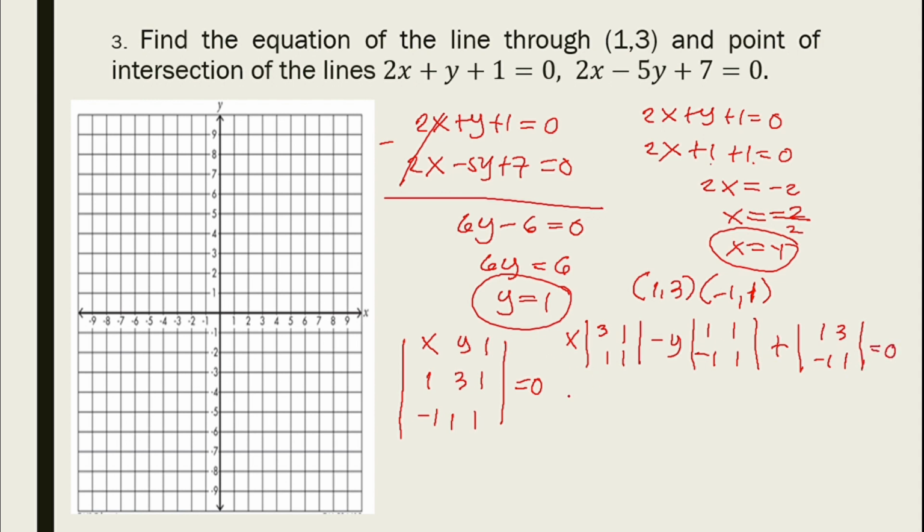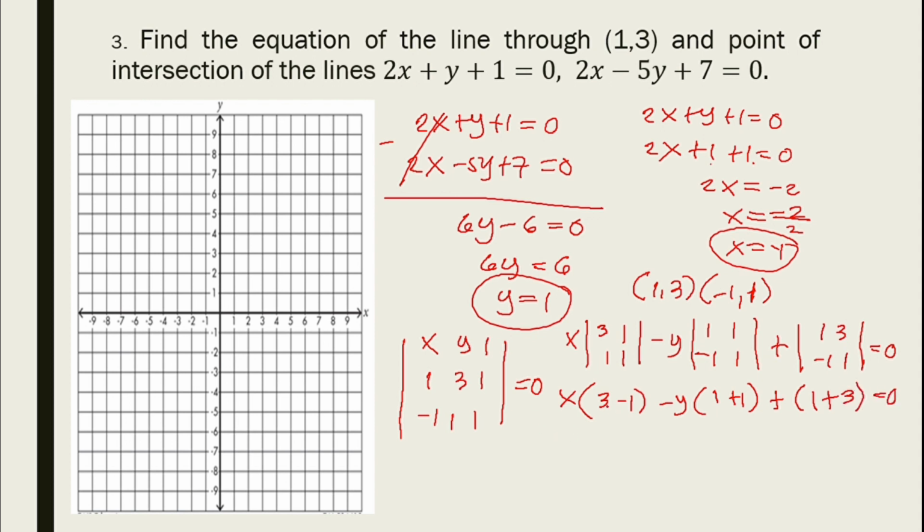Okay, so cross multiply. For x, we have 3 minus 1, and for y, this is plus because we changed the sign, 1, change the sign, product of this negative, change the sign, 3 is equal to 0.